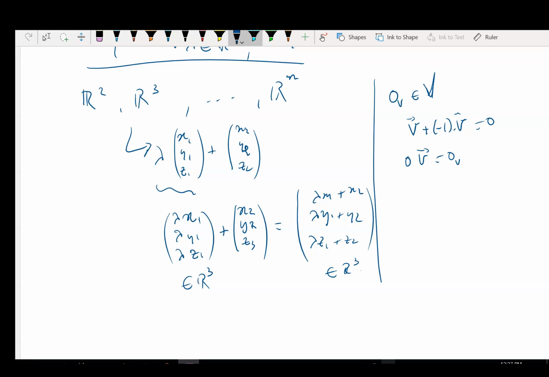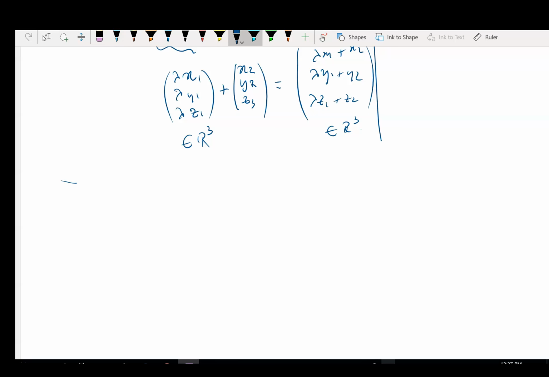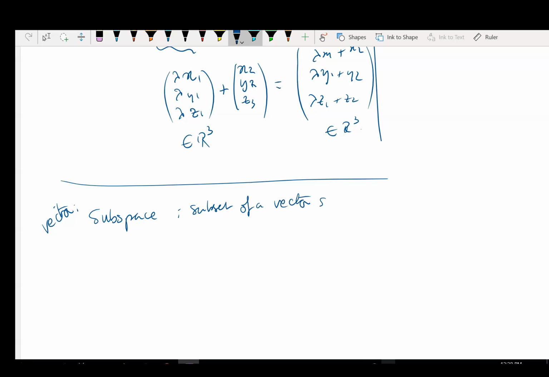That seems quite obvious when you are in R2 and R3. But when we're going to talk about subspaces, linear subspaces, so vector subspaces, it's a subset of a vector space such that any linear combination of elements of that subset stays in that subset.